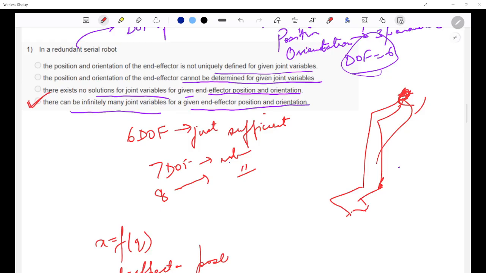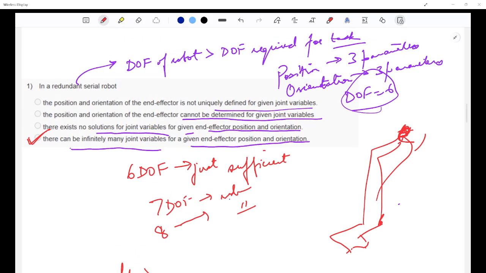So there can be infinitely many joint variables for a given end effector position and orientation. This is exactly the definition of redundancy. As I said, you can rotate the elbow in many ways while the hand remains fixed. Same pose, but different joint configurations.